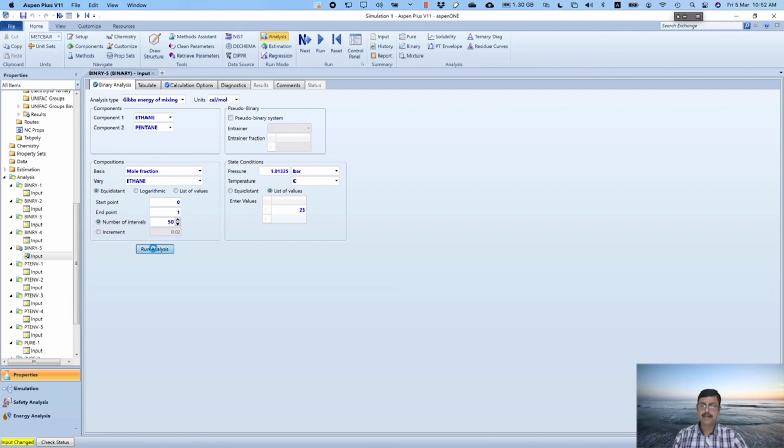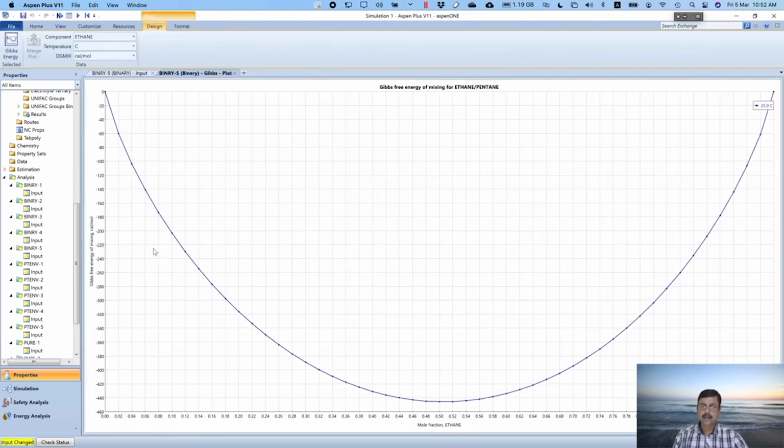Here you can see at 25 degrees centigrade and 1 atmosphere pressure, the Gibbs free energy of mixing is something like this. So the Gibbs free energy of the mixture is lower than the pure components.